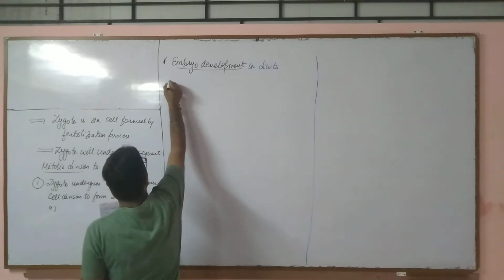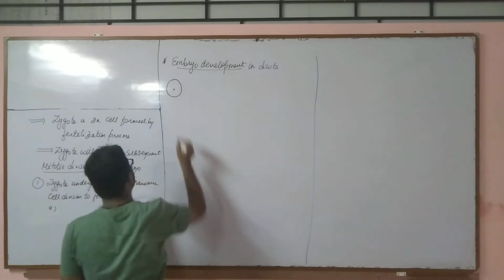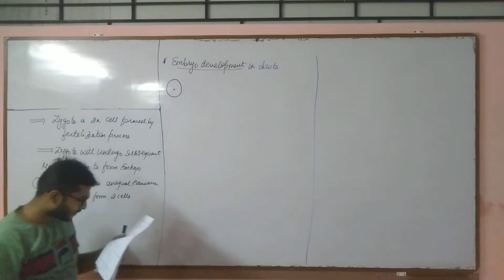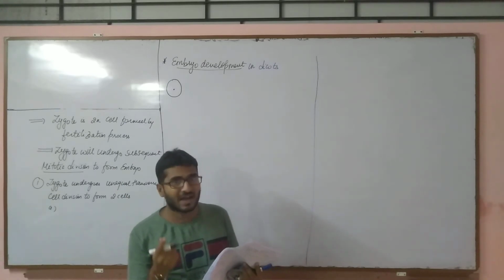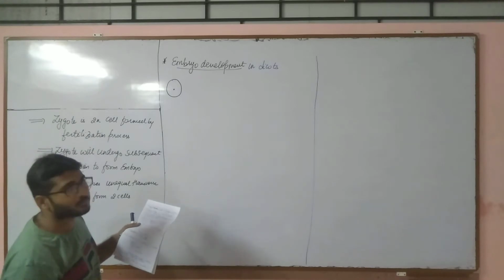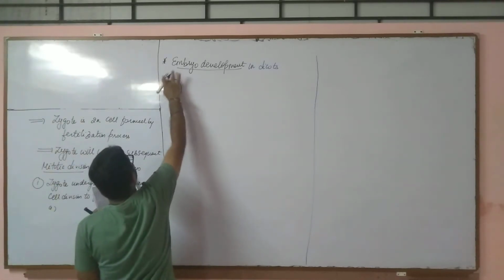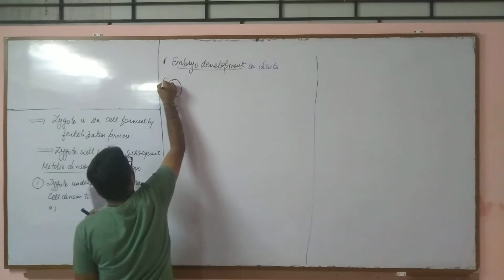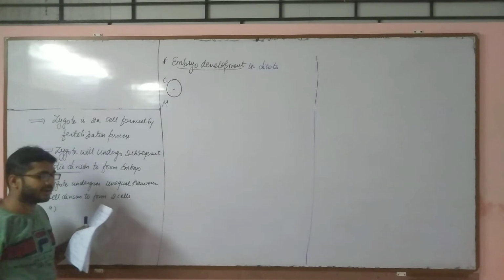So if we draw the normal structure of the diploid zygote, that is in an anatropous ovule. If you remember the types of ovules, anatropous as well as orthotropous. In the normal anatropous ovule, the upper end is C, that is chalazal end. This is C end and this is M, that is micropylar end.